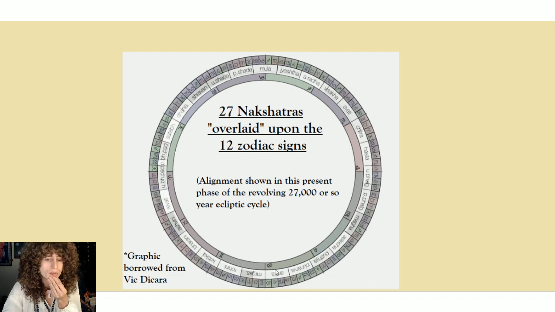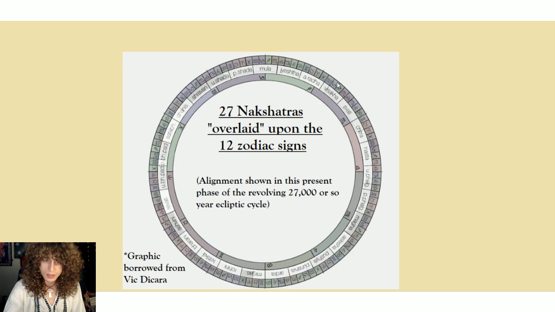I believe it's the end of Ardra. I mixed those up. Gemini ends at the beginning of Ardra, and Cancer begins at the starting of Ardra. Words. Anyway. Now we can see that the two are interlinked.